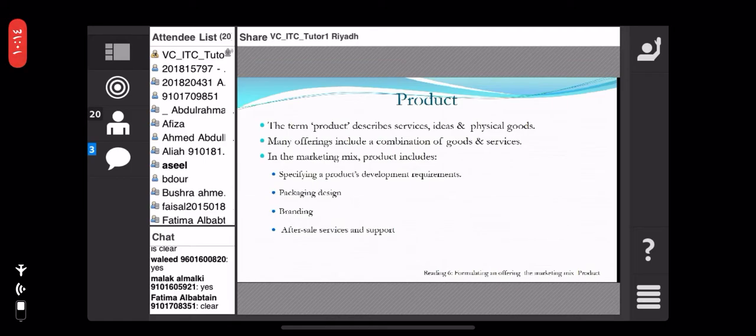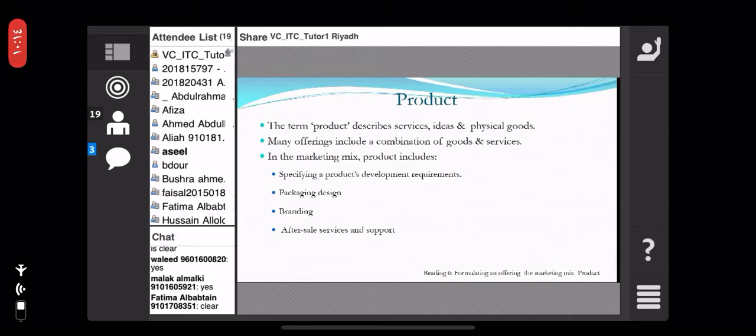Likewise, you have an option to go to the supermarket to buy a candy or chocolate or ice cream or milk, meaning that you are buying something tangible. Whereas if you go to a lawyer, advocate, he or she will sell his or her ideas, meaning that he or she provides services, not a physical good.